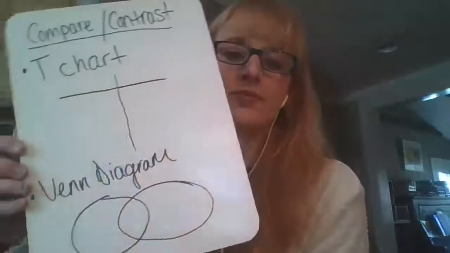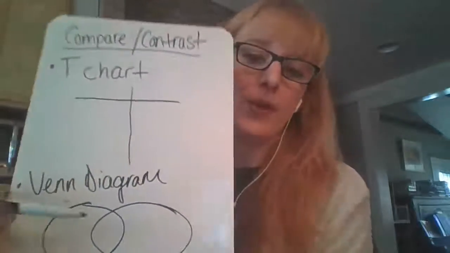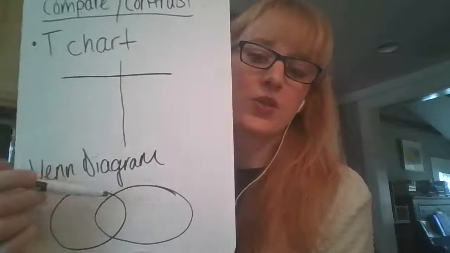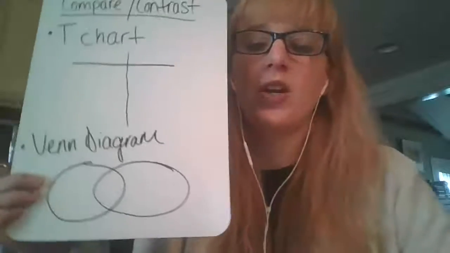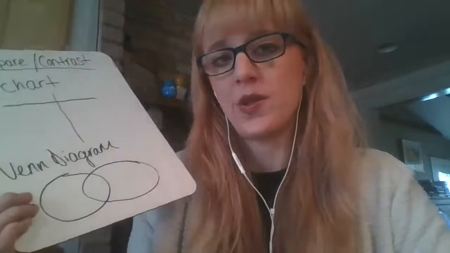And then you guys know Venn diagram. That's a terrible drawing. But one subject goes here, one subject goes here, and what is similar goes in the middle. Now, Venn diagrams, I don't really like drawing them because I write too big, so I use templates on the computer if I'm going to use those.